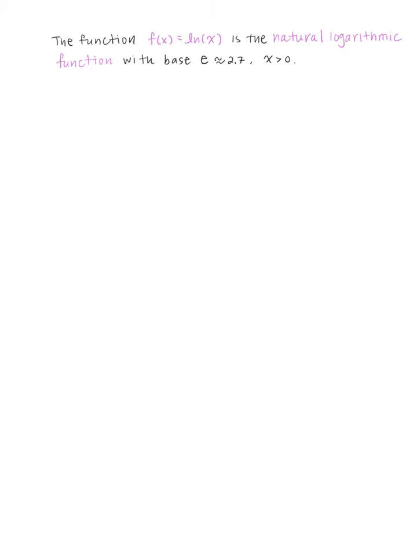All right, now let's talk about this very, very important function, which is called the natural log function. The function f of x equals ln of x is the natural logarithmic function with base e. By the way, e is approximately 2.7, but that's just an approximate value. And then again, the argument of the ln has to be greater than 0.